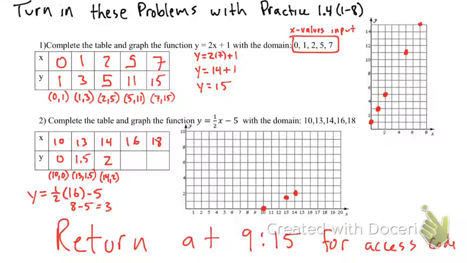So we have (16, 3). And we plot that down. We get it there. And then last but not least, we plug in 18. Half of 18 is 9. 9 minus 5, that gives me 4. So we have (18, 4). Plot that point. (18, 4) is here.